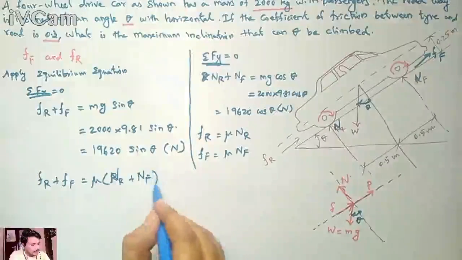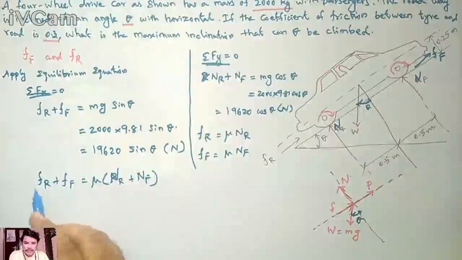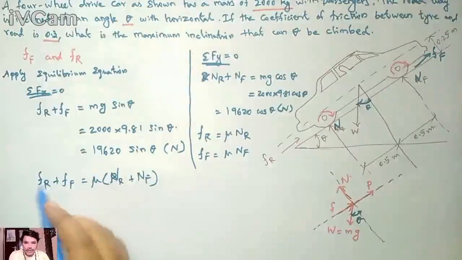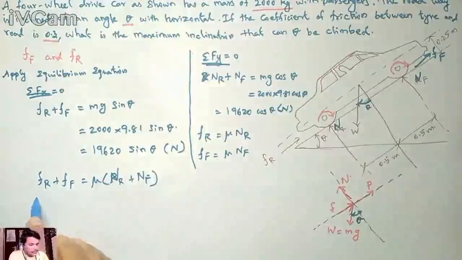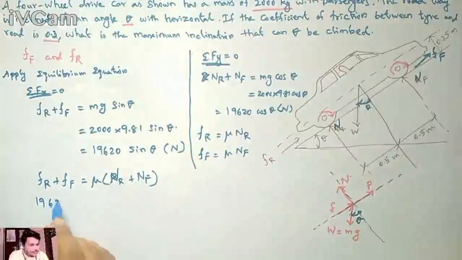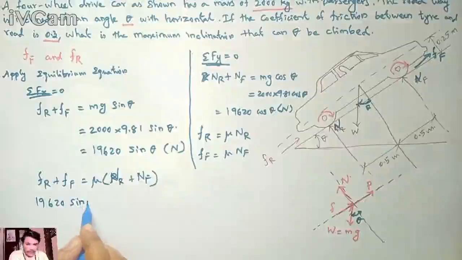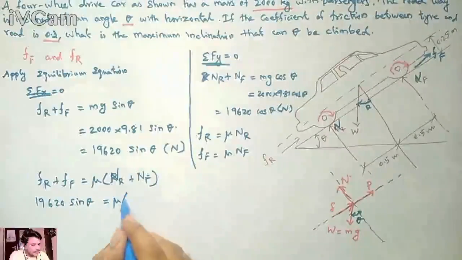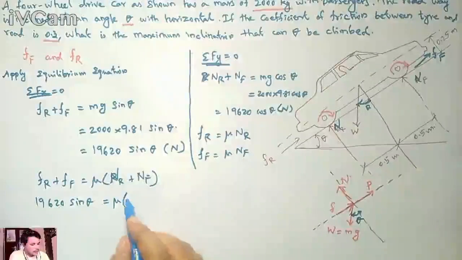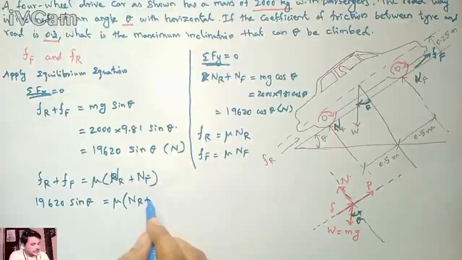Now I am applying this value, 19620 sin theta, which is equal to mu into NR plus NF.